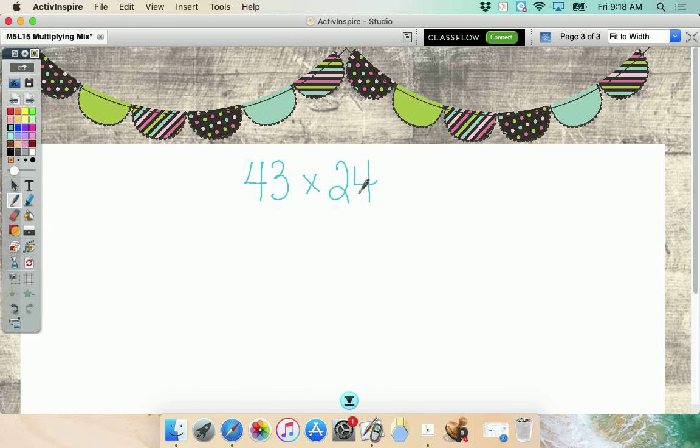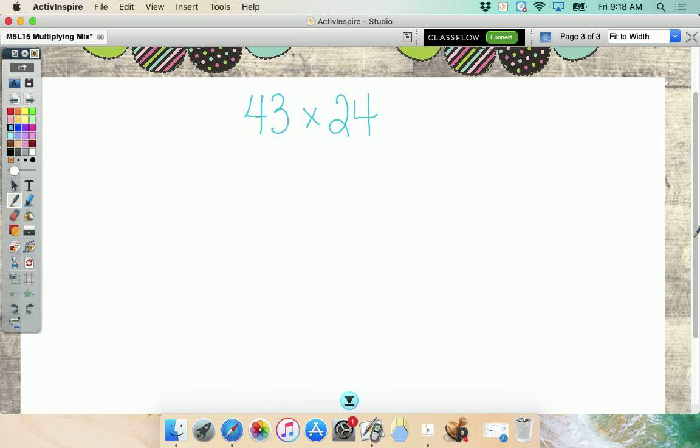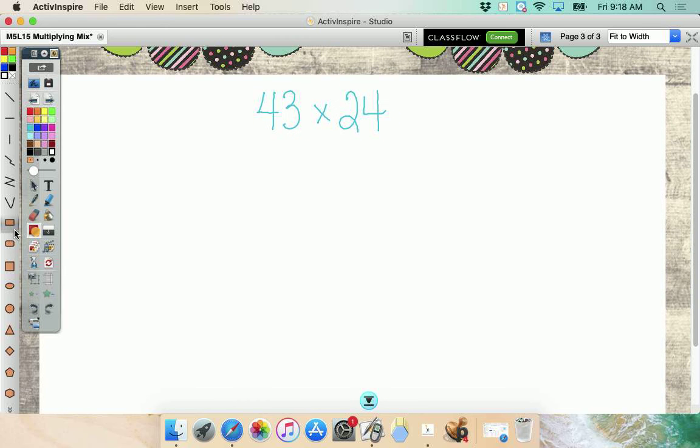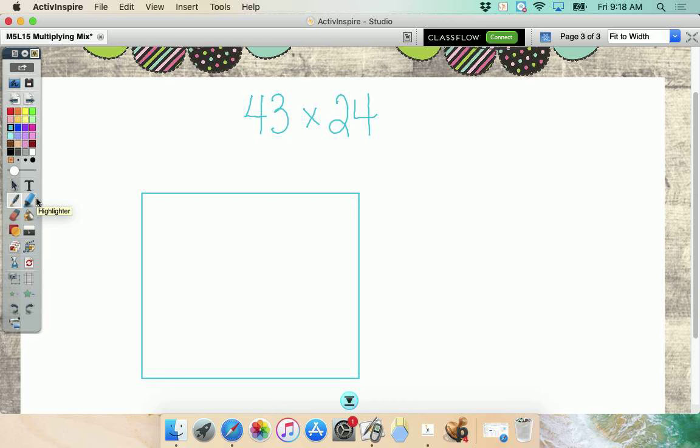Okay, and I want to go back to the very beginning of how we practiced this. So the first thing we did, we drew an area model. So draw yourself an area model in that box.